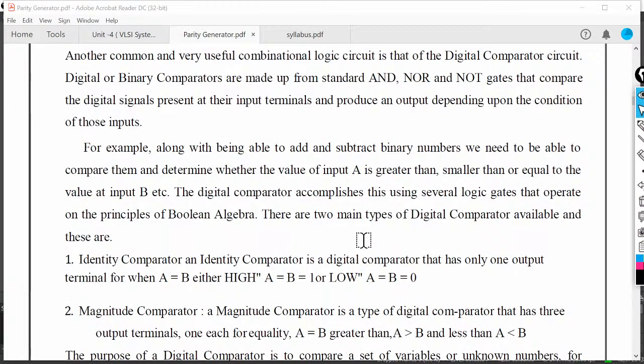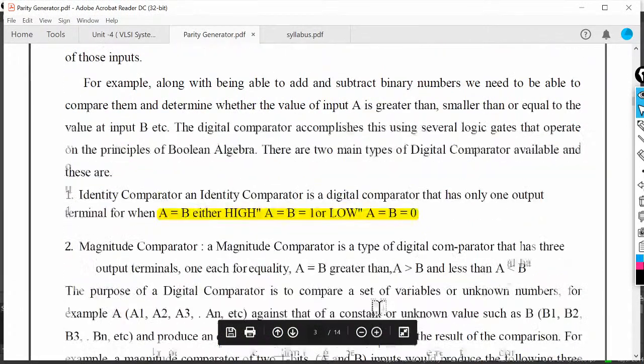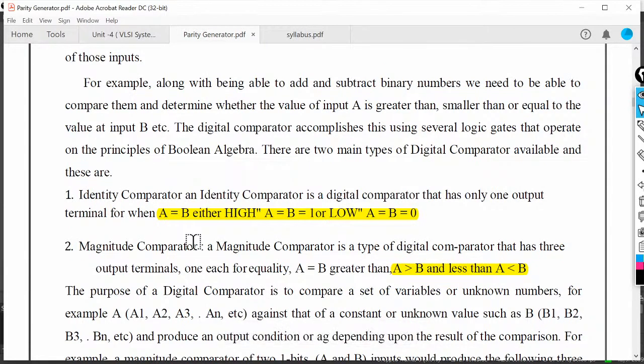According to the numbers, there are three different results that can be possible: a is equal to b, a is greater than b, and the last one is a is less than b. These three results can be possible if we compare any two different numbers.